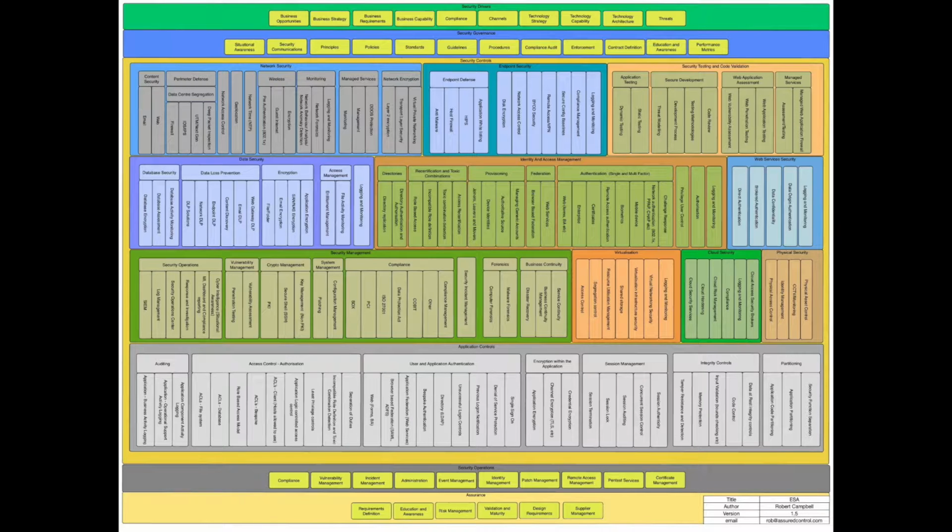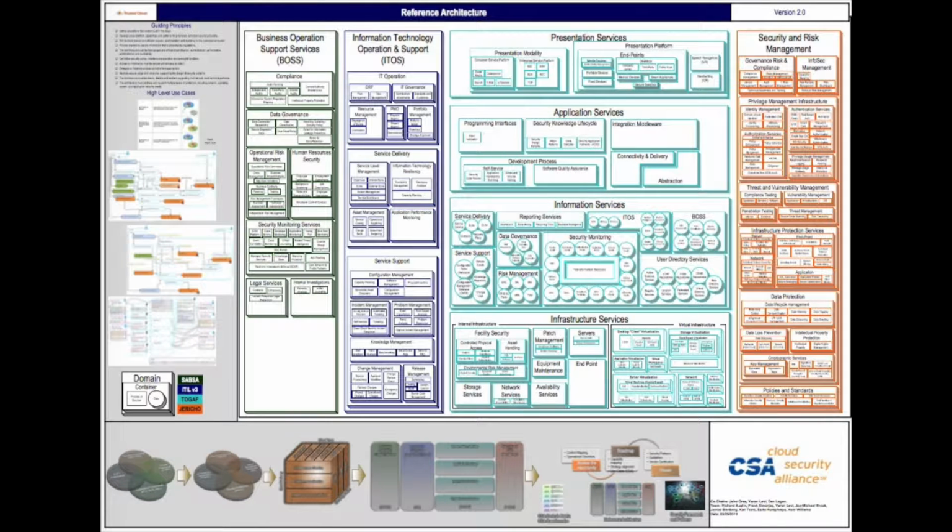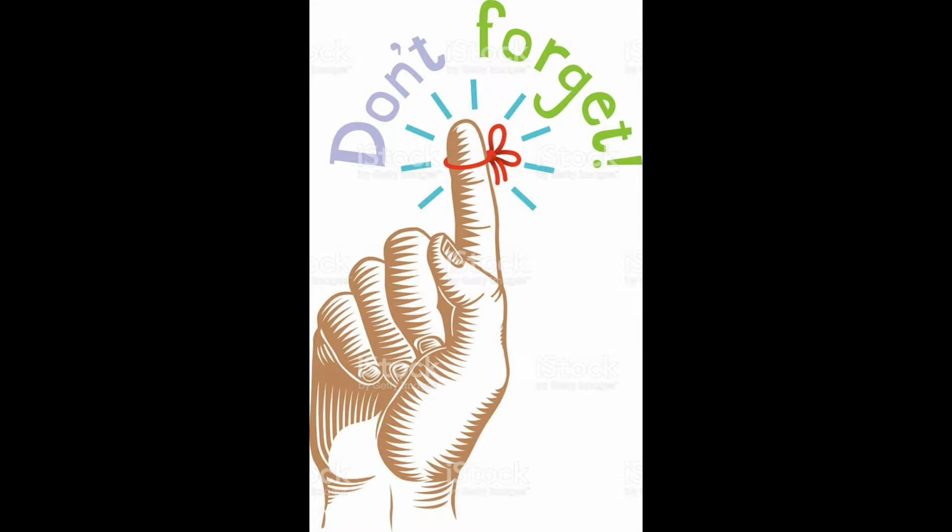It's about having an architecture that ensures that things work. But you still have your active security that you have to think about. And for me, that's when I start using my reference security architecture. I use my reference security architecture so that I don't forget about potential things that I can do to lessen risk.